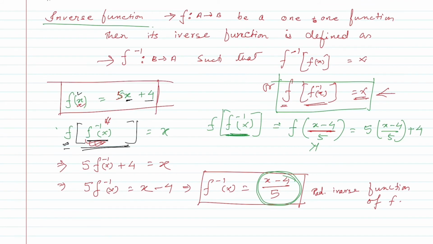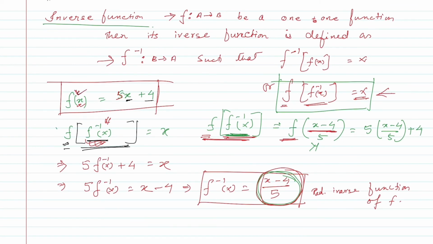So we have to find here f of f inverse x. Then f inverse x we have already got, that is (x minus 4) by 5. So this must be equal to f of (x minus 4) by 5.